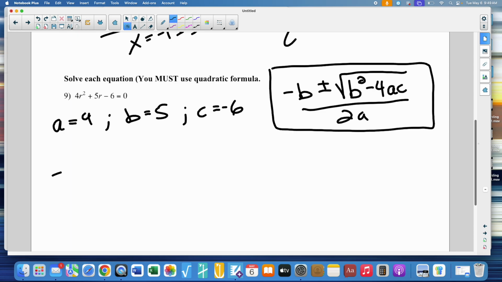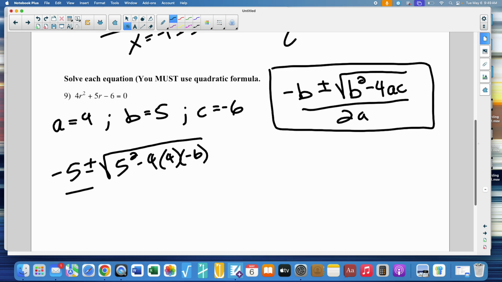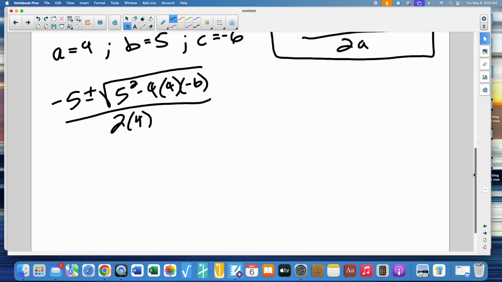The opposite of b, the opposite of my b value, plus or minus the square root of my b value squared minus 4 times a times c all over 2 times a. Negative 5 plus or minus. So now we're going to do two pieces.